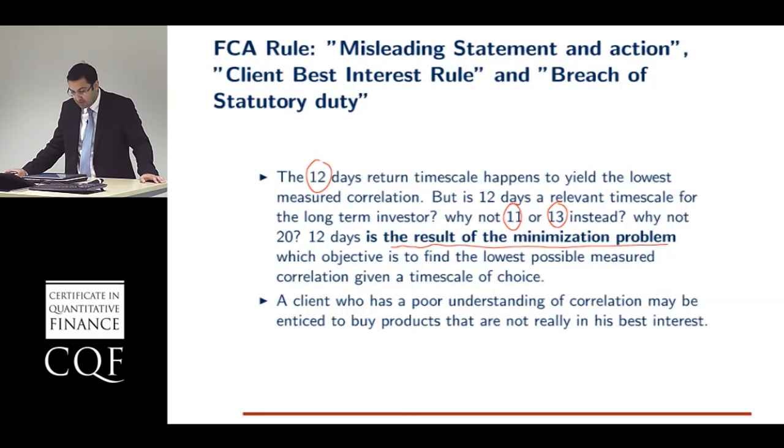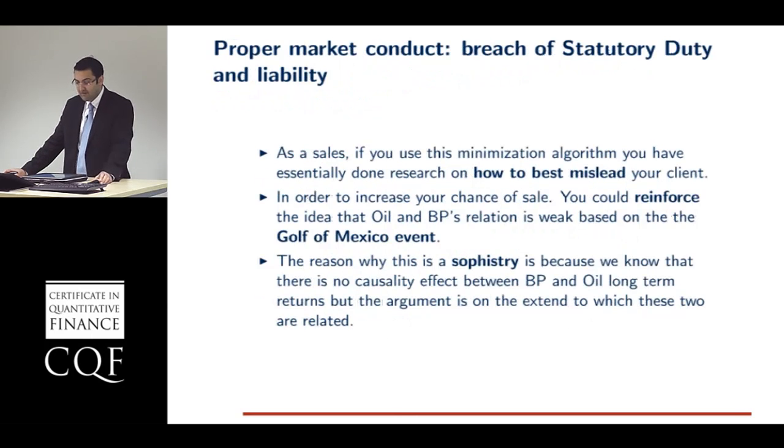So a client who has a poor understanding of correlation may be enticed to buy products you're not really interested in, and which is not in his best interest. So by using this minimization algorithm, you have essentially done research on how to best mislead your client.